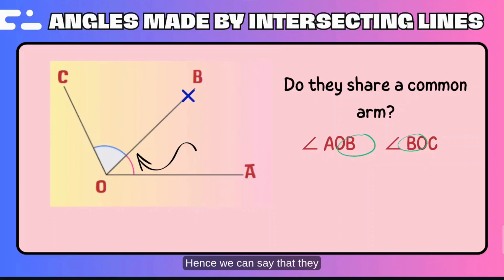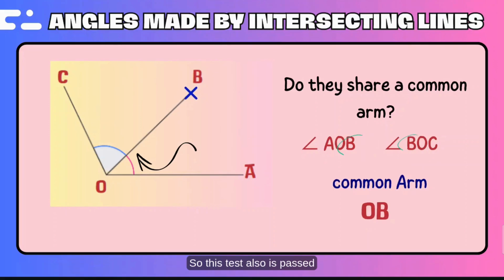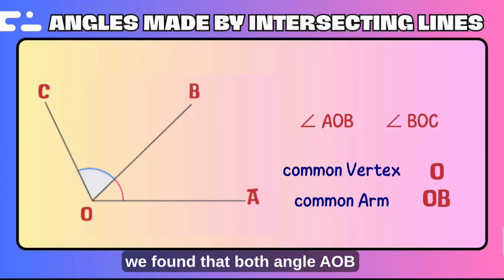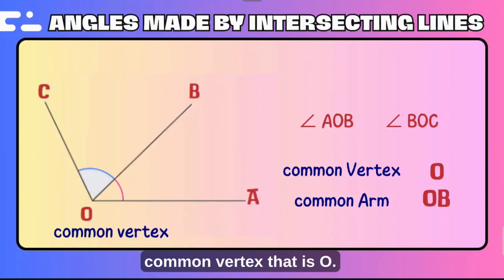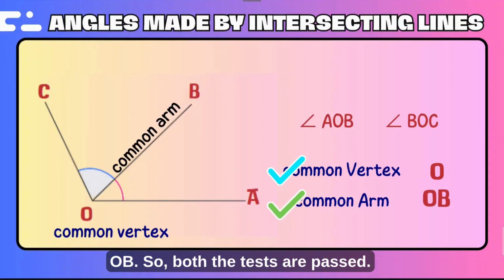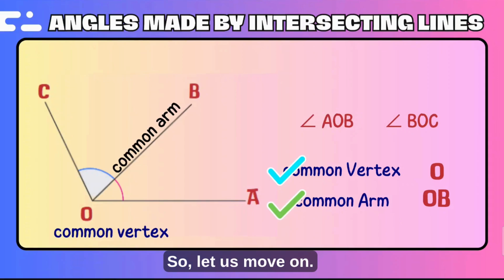Hence, we can say that they share a common arm named OB. So this test also is passed by both the angles. So while checking for adjacent angles, we found that both angle AOB and angle BOC have a common vertex, that is O. They have a common arm, that is OB. So both the tests are passed. So let us move on.